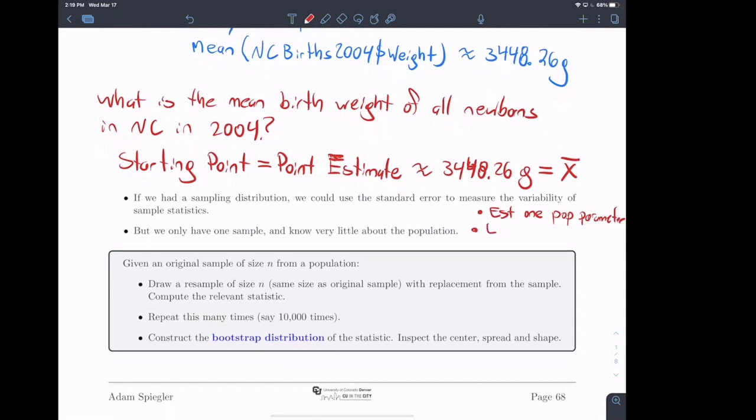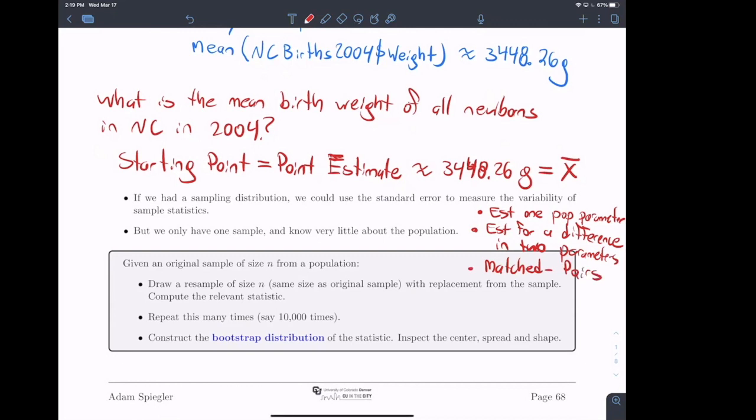Then we'll think about how we can come up with an estimate for a difference in two parameters. Like, is the mean of this different from the mean of that? And then we'll talk about what to do with matched pairs.